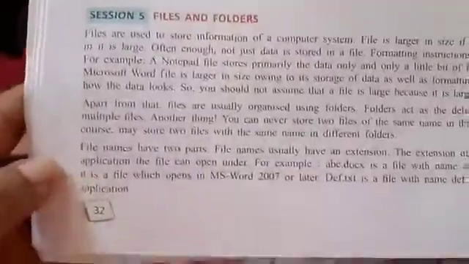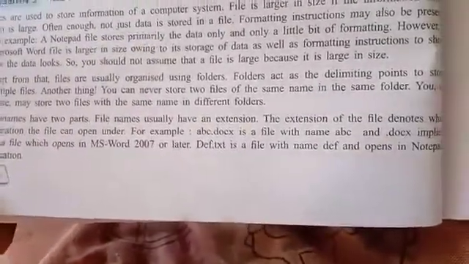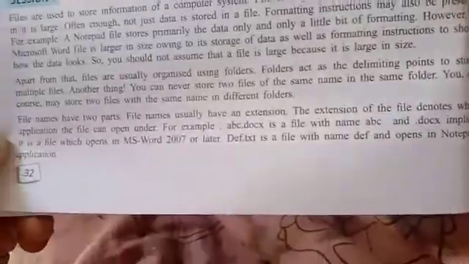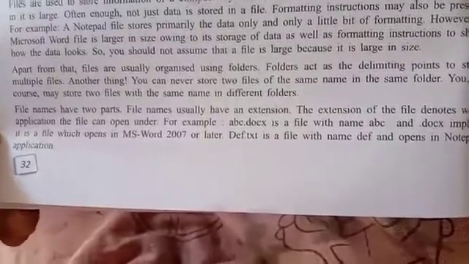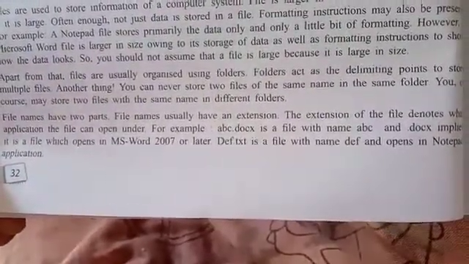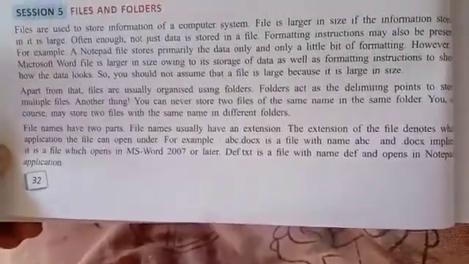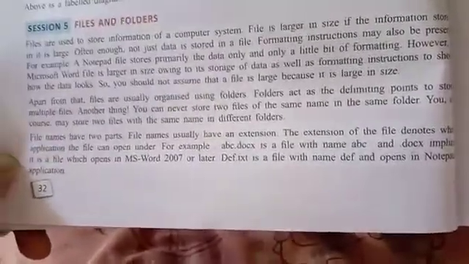Apart from that, files are usually organized using folders. Folders act as delimiting points to store multiple files. In one folder you can store multiple files. Another thing, you can never store two files of the same name in the same folder.